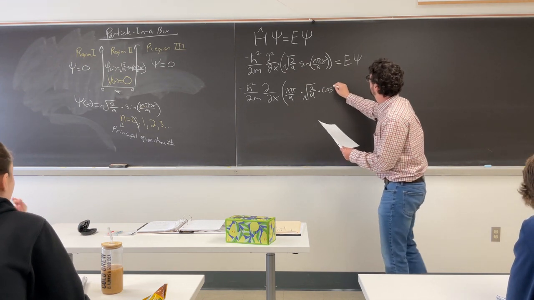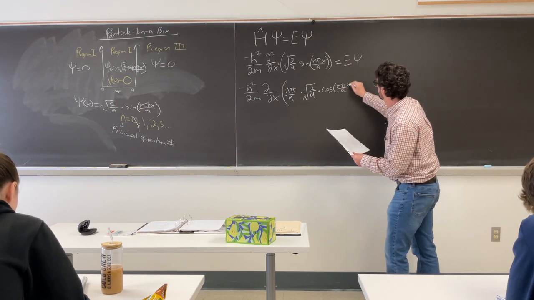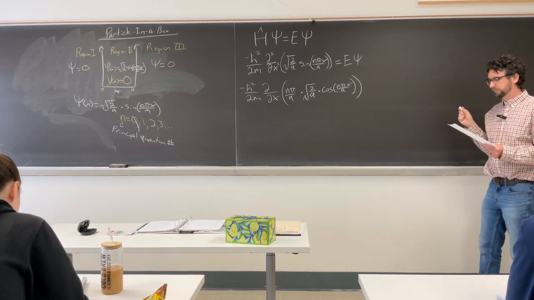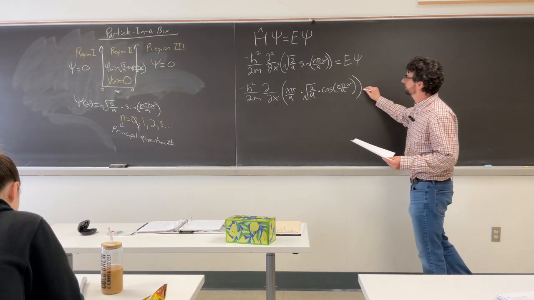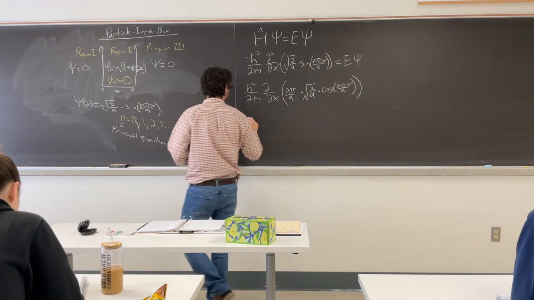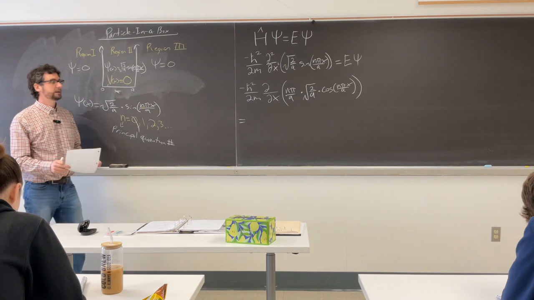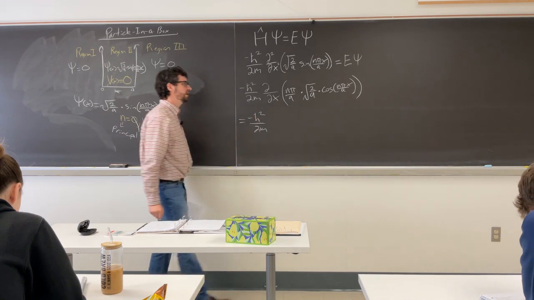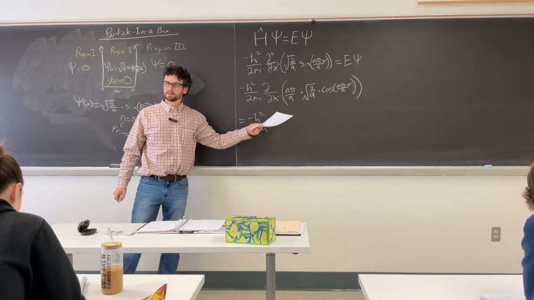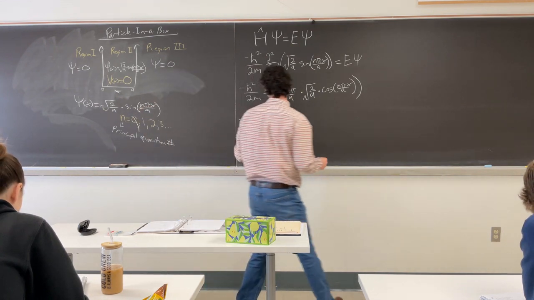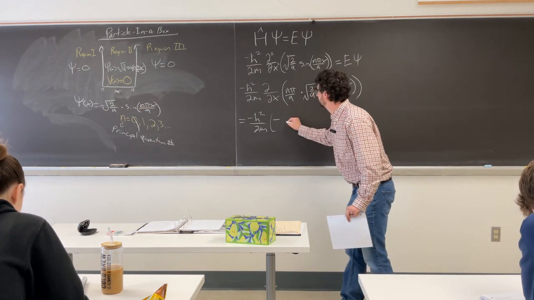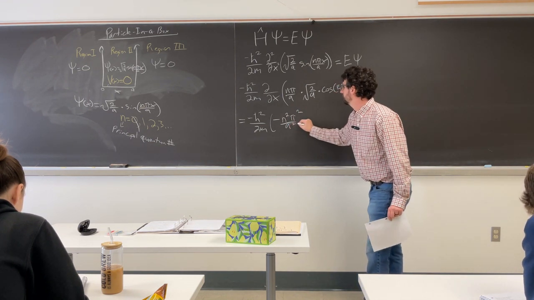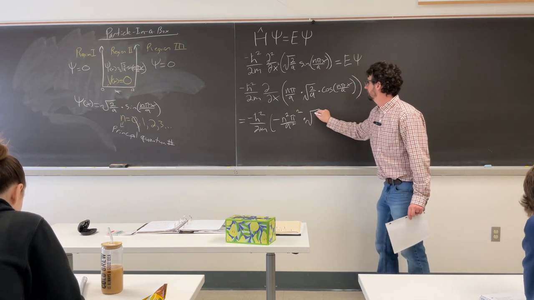Cosine. Yep. Okay. Still have to do another derivative. Let's apply another derivative, negative h bar squared over 2m. Doesn't change anything. Take another derivative of this guy. Mm-hmm. Yep, over a squared. Yep.